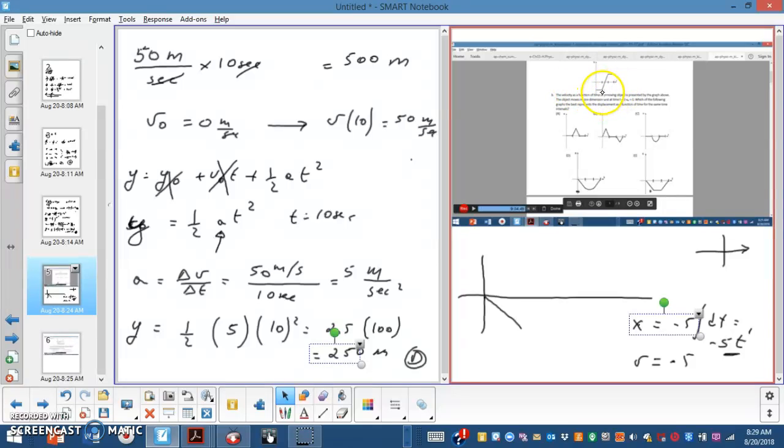Then keep looking. So here velocity increases. Now, if this is a straight line, for example this, you have to integrate this, so you have -5t, and you integrate this dt. This one becomes -5 over 2 t squared. So it has to look like a parabola. So this one looks like it's a part of a parabola. This is a straight line, so it cannot be, especially because if your velocity is increasing, then the distance traveled is also increasing.